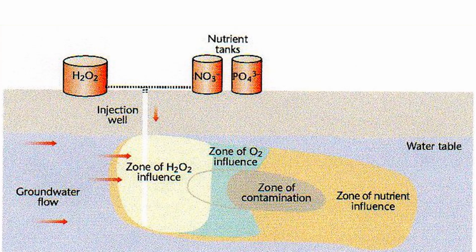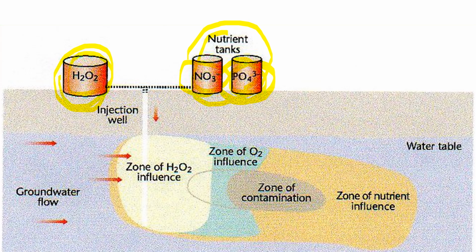So this is how biostimulation works in an in-situ condition. You have nutrient tanks. Here the nutrient they are giving is nitrate, so that they can enhance nitrate reducing and phosphate solubilizing microorganisms, and they provide H2O as an electron donor.